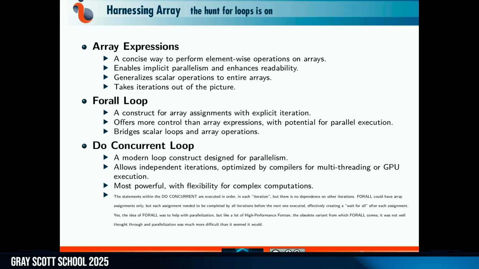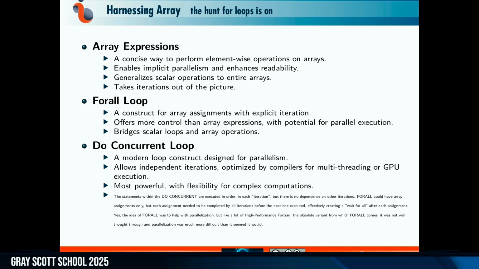Okay, so if you want to get the most concise code, you will use array expressions. It's nice in the sense that hopefully the compiler should see this array expression as explicit or implicit parallelism. You enhance your readability.